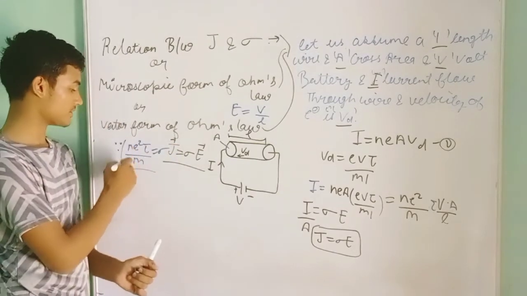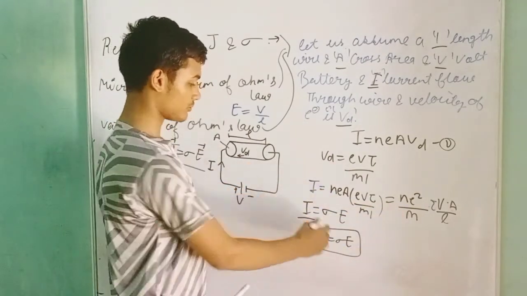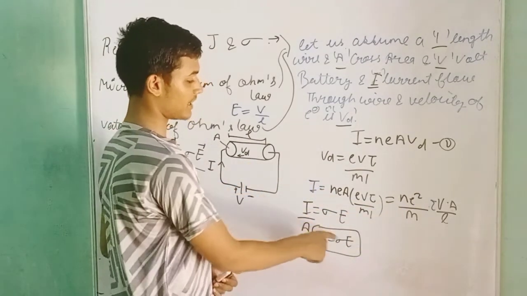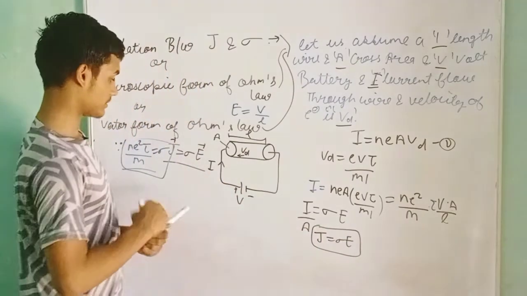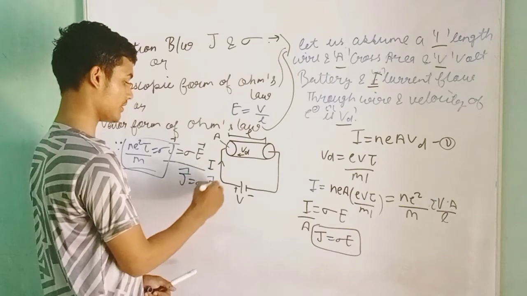So that is the formula for sigma, and E we know is V upon L, so the formula comes from that, and J and sigma we can write here that J is equal to sigma E.